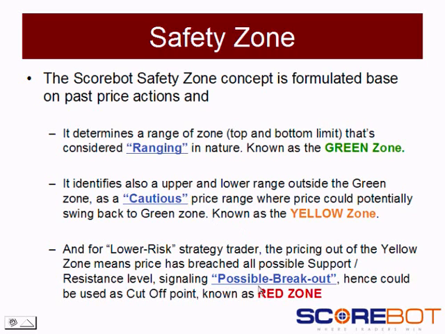The red zone is meant for strategy traders that prefer lower risk, and at this red zone it is signaling a possible breakout, and therefore it can be used as a cutoff point.